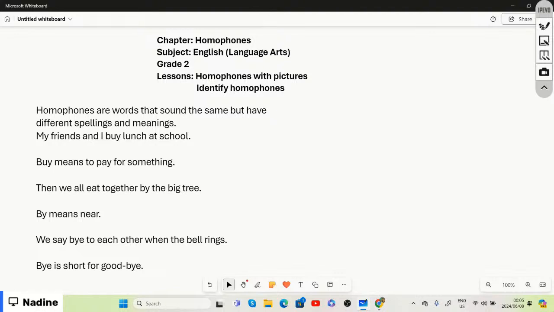All right, so when it comes to homophones, right? Homophones are words that sound the same, but they have different spellings as well as different meanings.